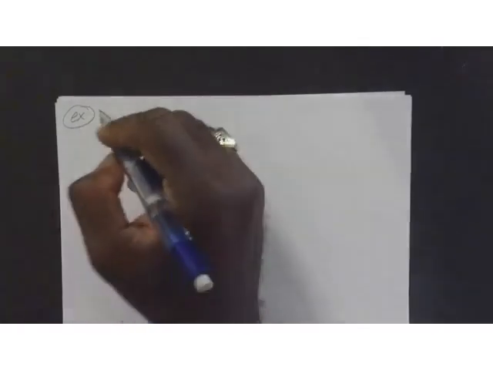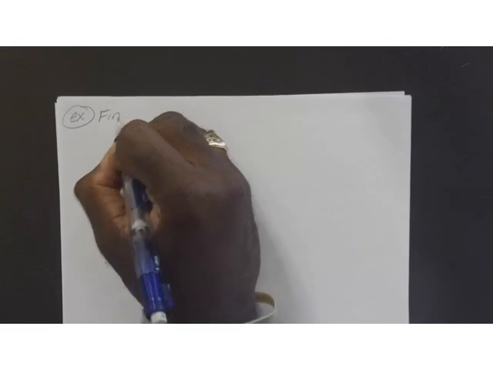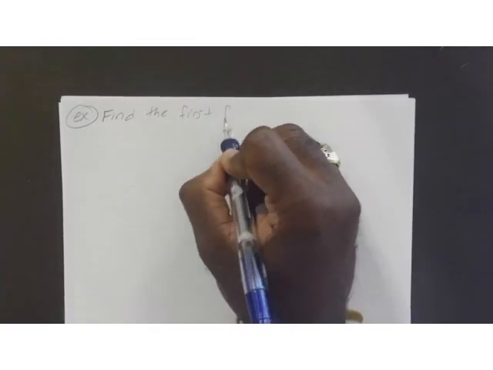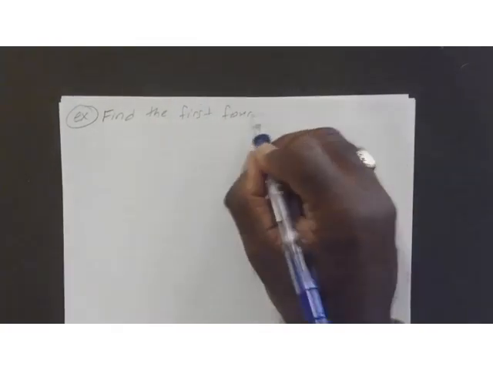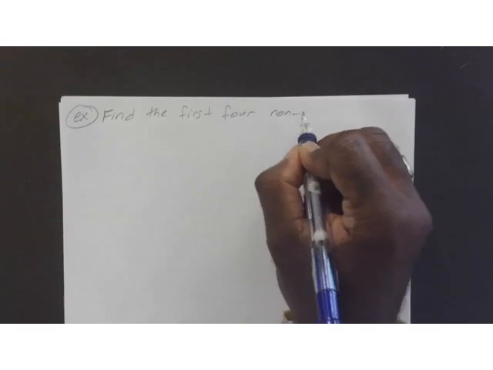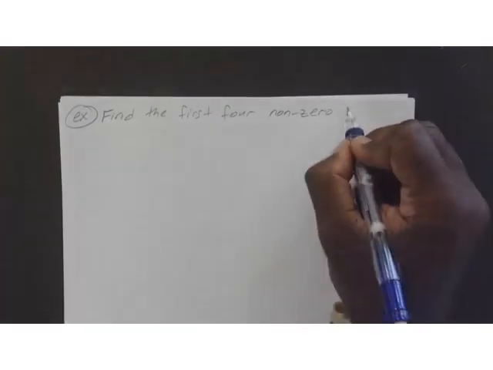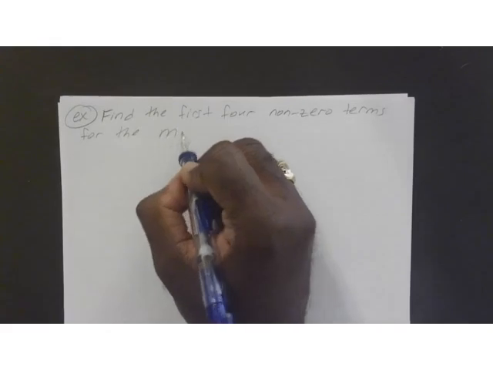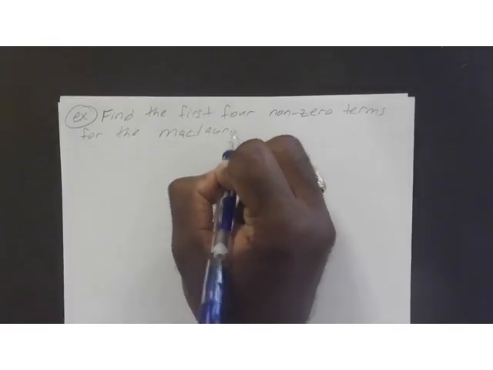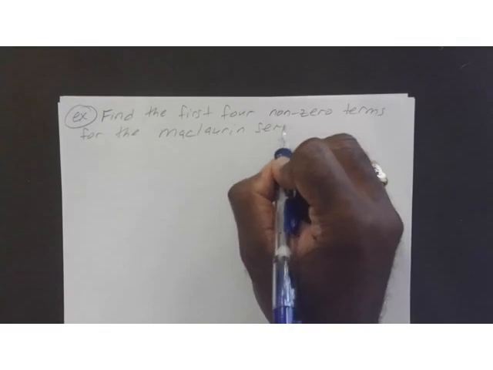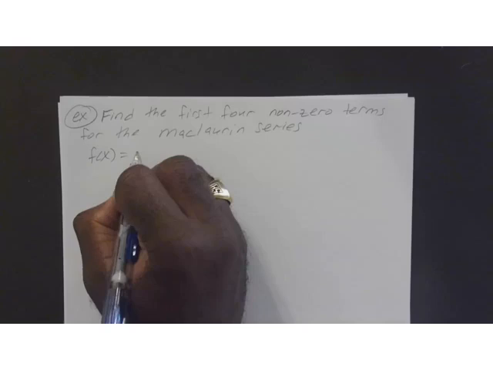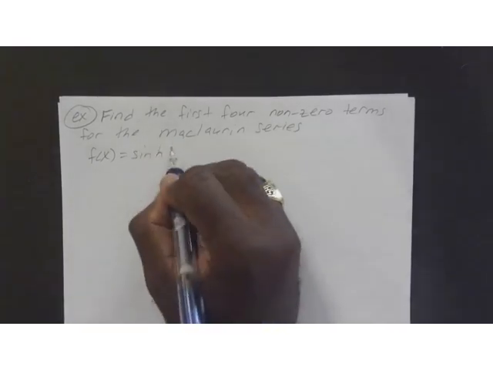Okay, so let's say, for example, if we wanted to find the first 4 non-zero terms, let's be a little specific, for the Maclaurin series f of x is equal to the hyperbolic sine of 2x.